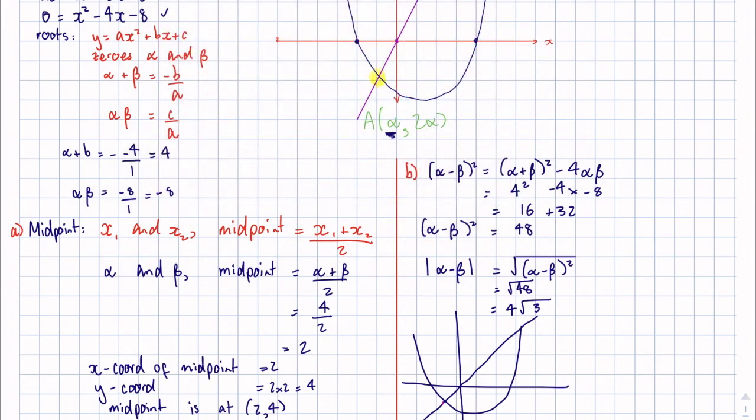We know this point is alpha, 2 alpha. We know this point is beta, 2 beta. We've just found the horizontal distance between these 2 points, yeah? It's 4 root 3.